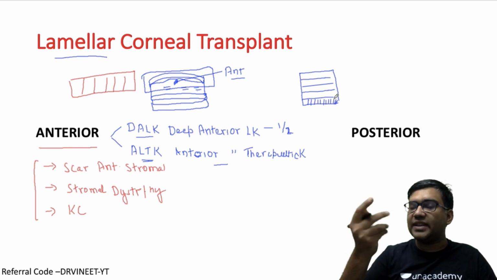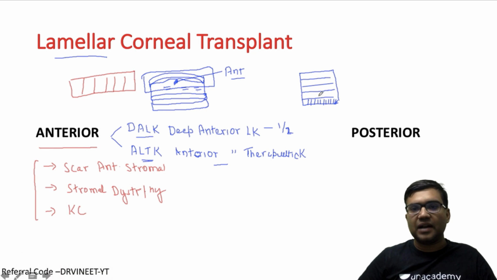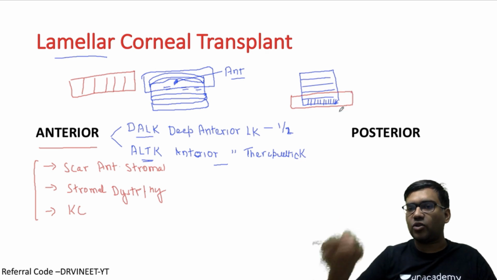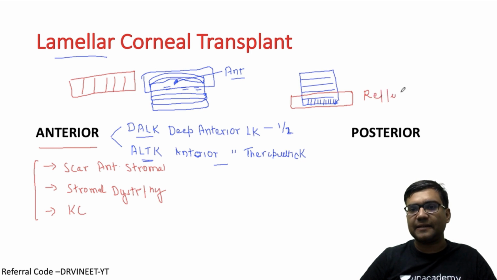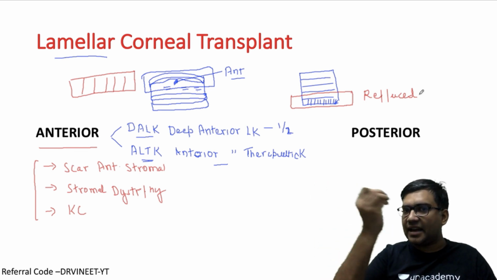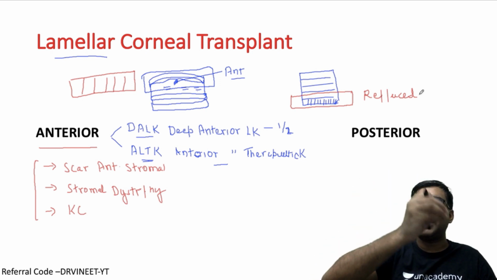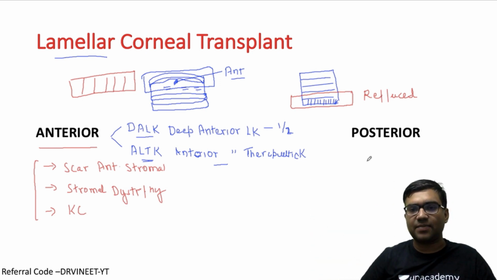Okay, so in these cases what I do is I remove only the posterior part of the cornea. Okay, so only the posterior part of the cornea is replaced. Okay, so this is called posterior lamellar corneal transplant. So we have an anterior lamellar corneal transplant and we have a posterior lamellar corneal transplant.